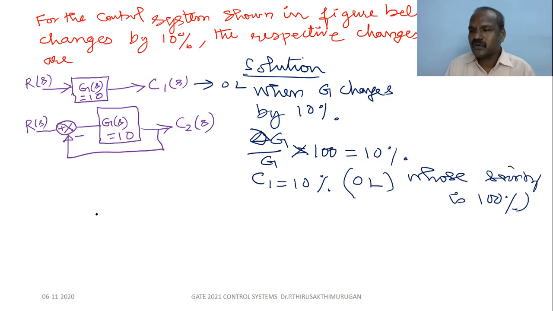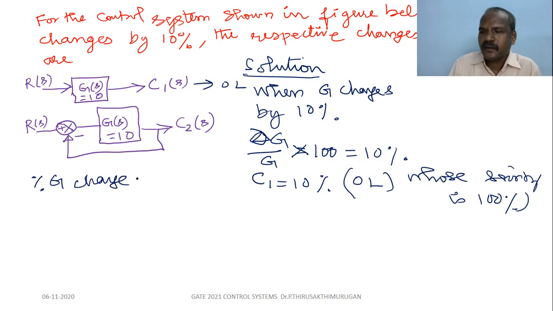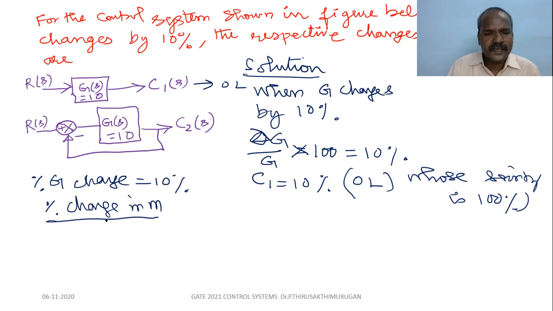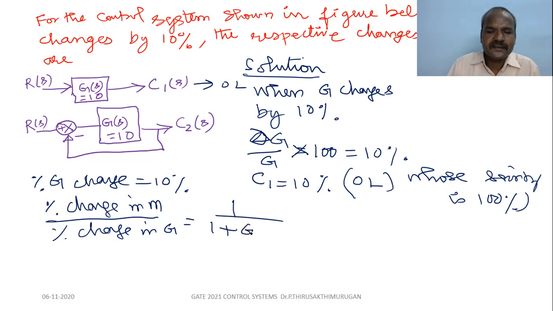Next is C2. When G changes by 10% in the closed loop, the percentage change in M divided by the percentage change in G equals 1 by 1 plus GH, as discussed just before.